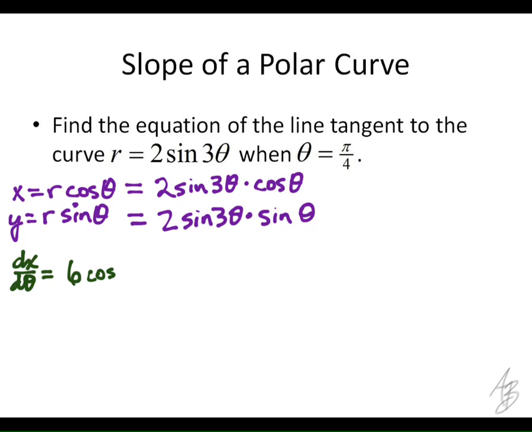Six cosine of 3 theta. So the derivative of the first times the second, which is cosine of theta, plus the first, 2 sine of 3 theta, times the derivative of the second. What's the derivative of cosine of theta? Negative sine of theta.